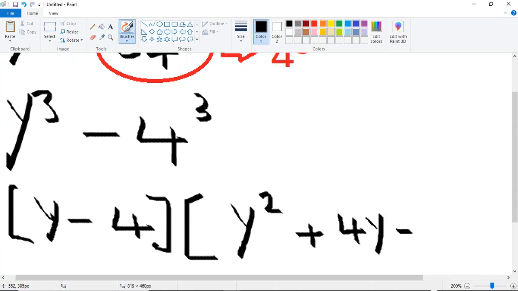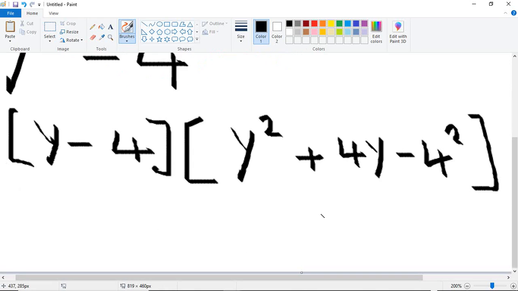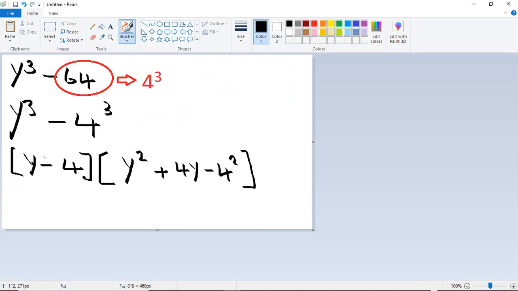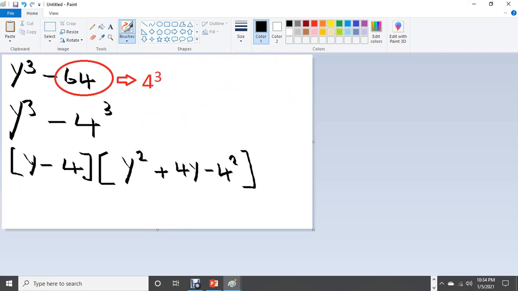And then this is going to be minus the square of the second term, just like that. This is how you are going to come about with that. This is how to find the factors.